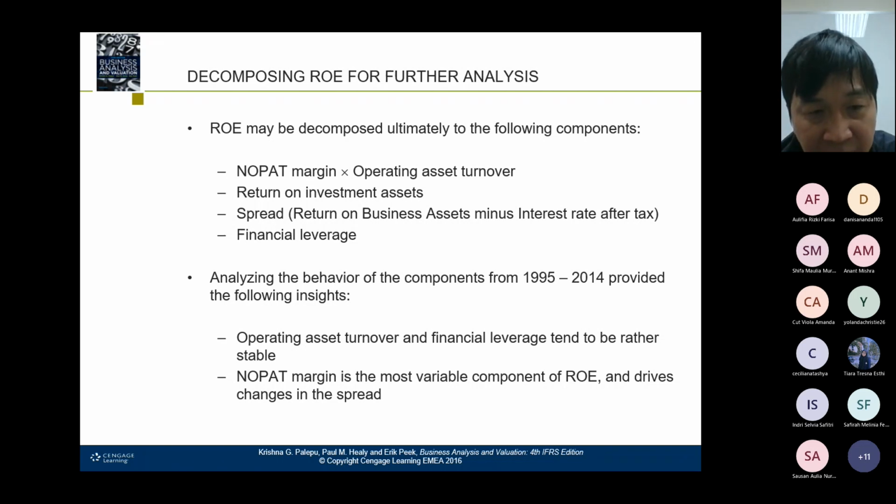Analyzing the behavior of the components from 1995 to 2014 provided the following insights. Operating asset turnover and financial leverage tend to be rather stable. NOPAT margin is the most variable component of ROE and drives changes in the spread.